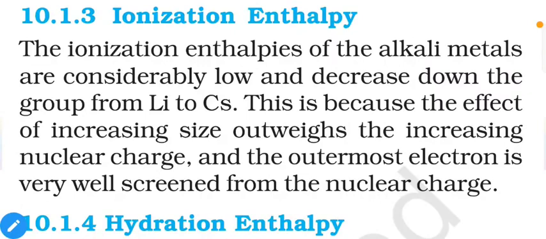Next is ionization enthalpies, that means energy related data for ionization, and in this case ionization refers to the formation of a positive ion or losing an electron. The ionization enthalpies of alkali metals are considerably low and decrease down the group from lithium to cesium. This is because the effect of increasing size outweighs the increase in nuclear charge, and the outermost electron is very well screened from the nuclear charge.